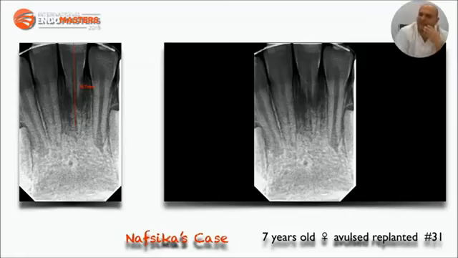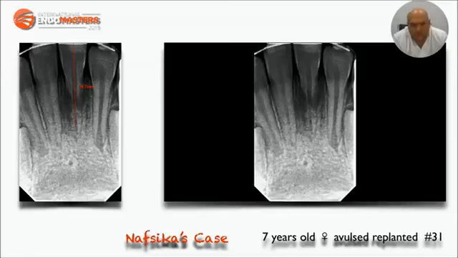When you see a case like this, the first thing that comes to your mind is that this tooth needs to be extracted. But as I told you before, in end-stage cases like this, I always take preoperative radiographs, preoperative clinical photographs, and take my time and think what I can do for little Nafsika.